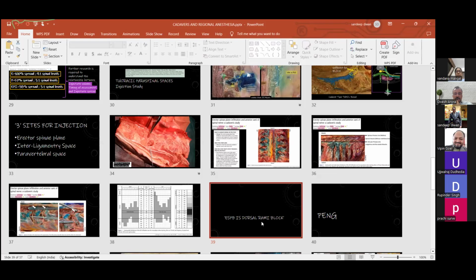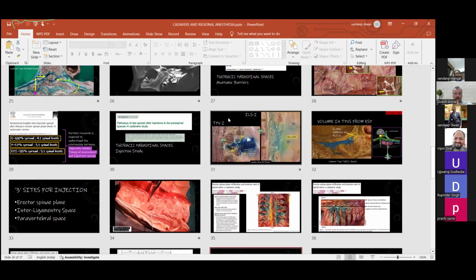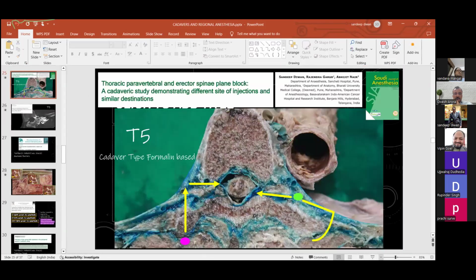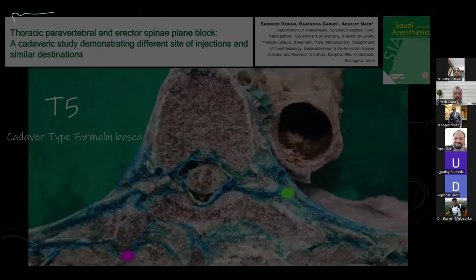The ventral spread that you see, you will hardly find in a few cadavers, not in all the cadavers. It all depends on the number of cadavers, and we don't have a sufficient number. For example, this was done in hardly 4 or 5 cadavers.